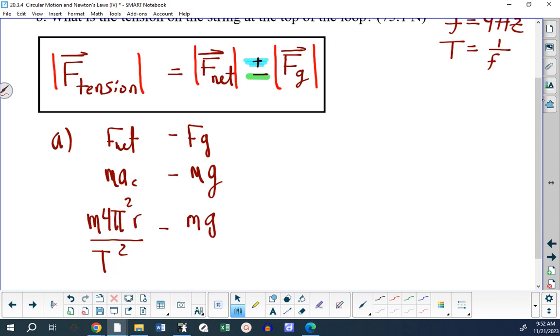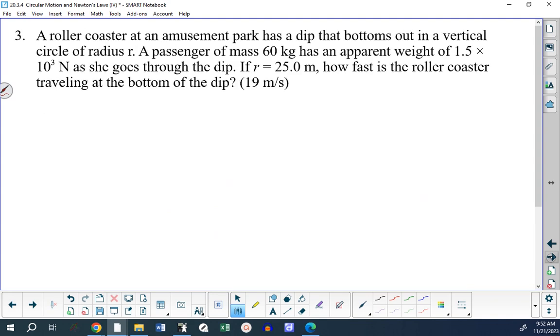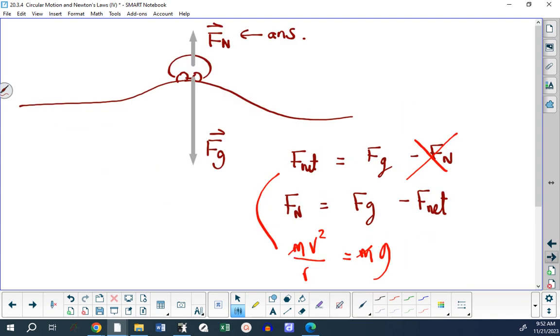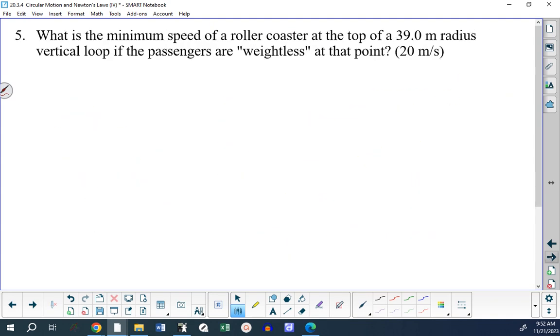Yep. So this is on the outside. This is on the outside. But because we're asking for that tipping point where you feel weightless, it shouldn't matter.